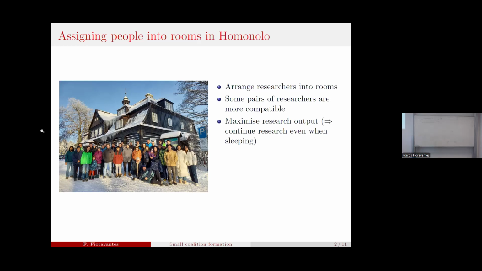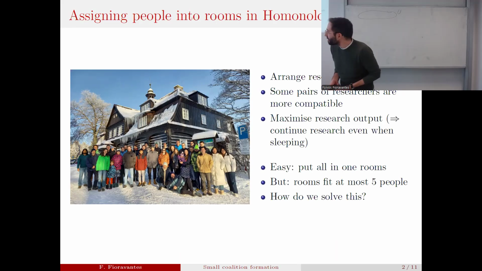So we want to put people in the same rooms as other people with whom they are willing to work, or there is a high probability, if they are working together, for something good to happen. So this is very easy. We put everybody together, right? One room, maximized everything.